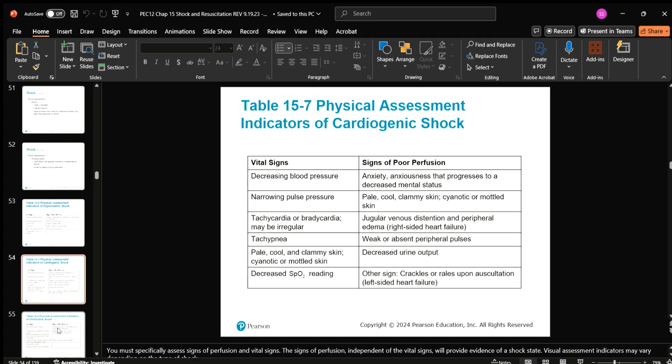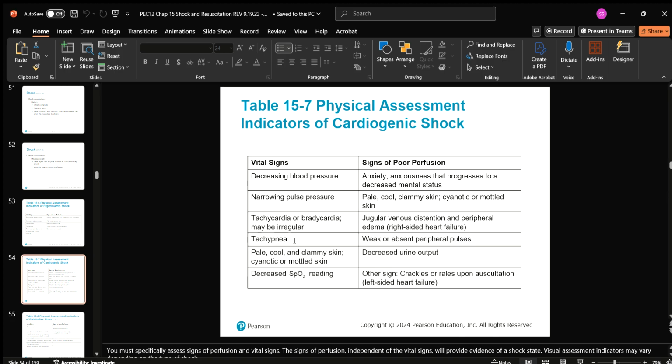We talked about this. Decreasing blood pressure. This is when we are starting to go downhill. Decreasing blood pressure, narrowing pulse pressure, and we may see these in cardiogenic shock as well. Tachypnea or tachycardia initially. What is tachypnea?